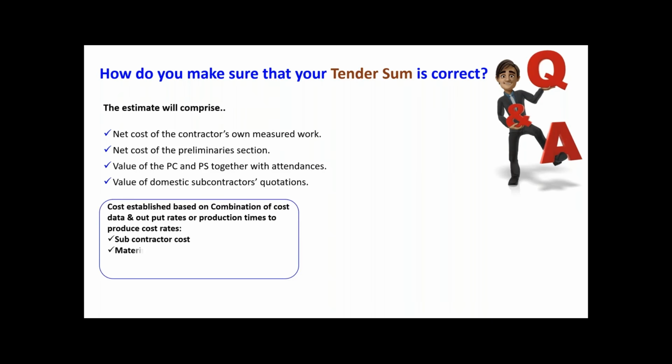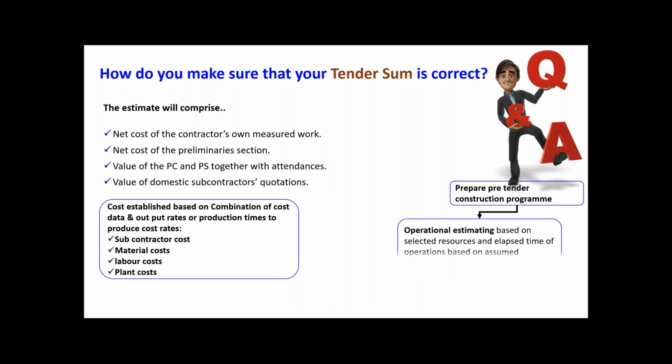How do you achieve it? Subcontractor cost, material cost, labor cost, and the plant cost. This is your direct cost, isn't it? At the same time, your operational team, the project management team, based on the project and the tender program, also do the operational estimate.